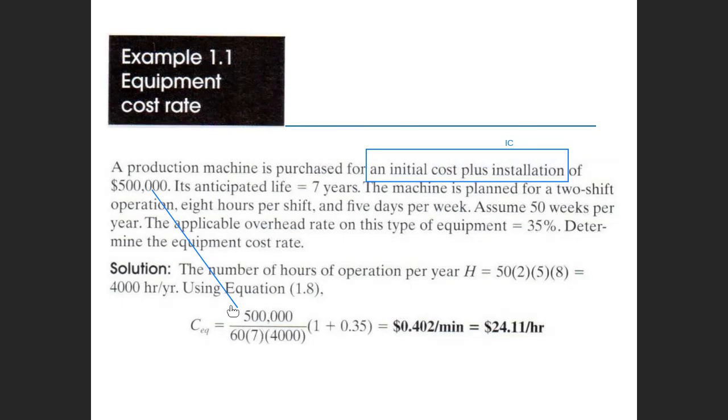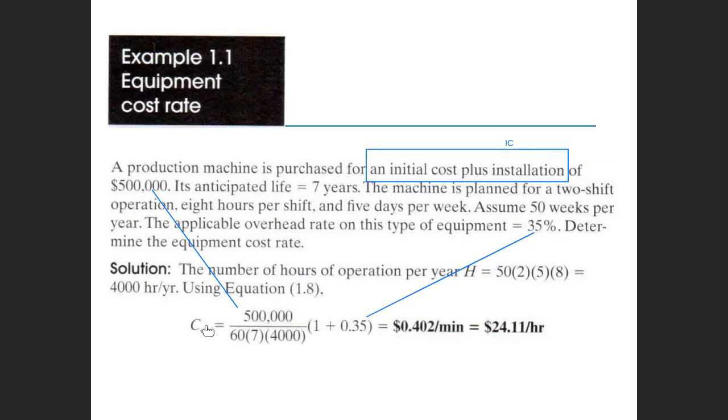And this is the equipment cost, but we need to add the overhead rate. When you add the overhead rate, it is 1 plus 0.35, because 35% is 0.35, then 1.35.